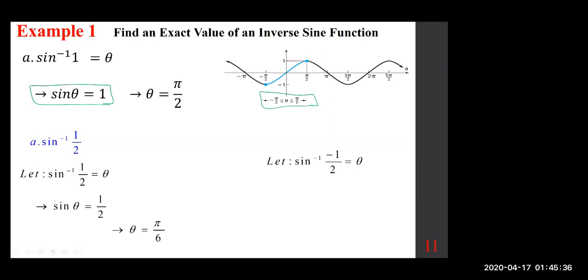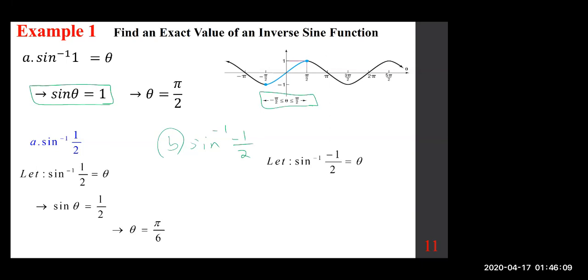Okay, the next question, actually, the animation is not in a proper order. So I'm going to put it here, part B. So let me just go there. Sine inverse of -1/2. We assume we don't know that. We call it alpha, beta, gamma, theta, you choose.